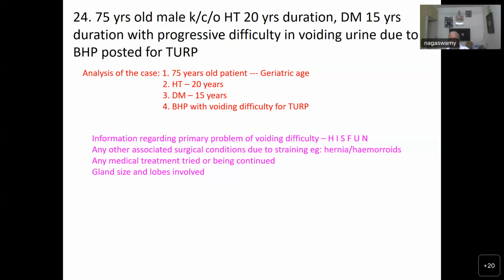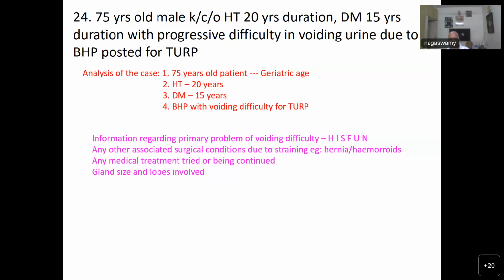The gland size. Why should you know the size of the gland? It is a surgeon's headache, but as an anesthesiologist, why should you know the gland size? What is the normal size of the prostate gland? Healthy normal prostate is 16 to 20 grams. It can go up to 80 or 100 grams also.